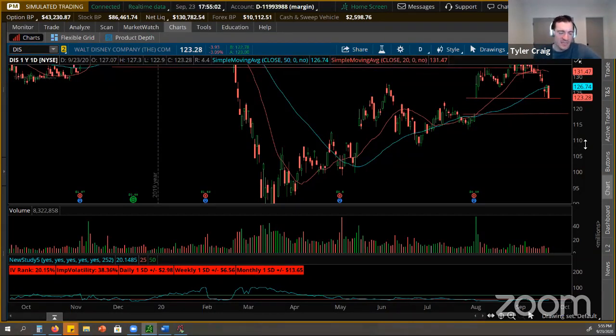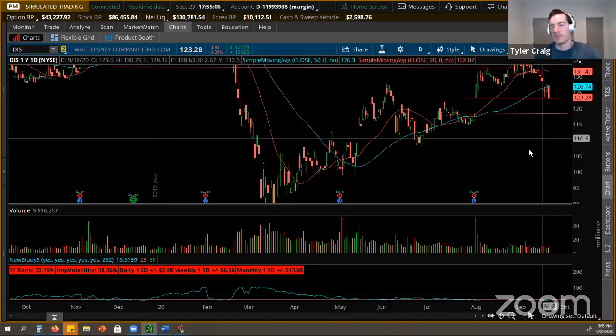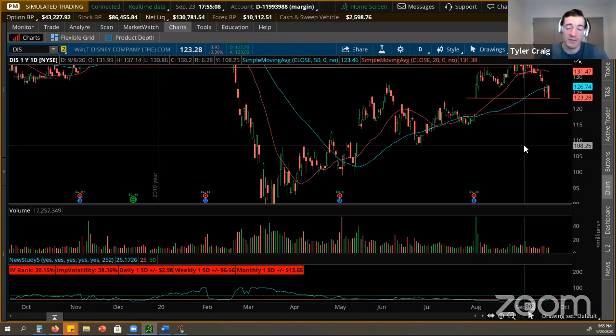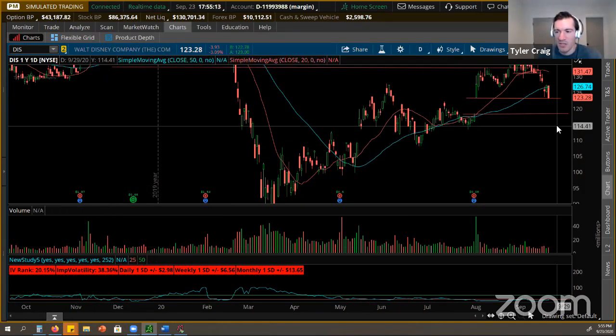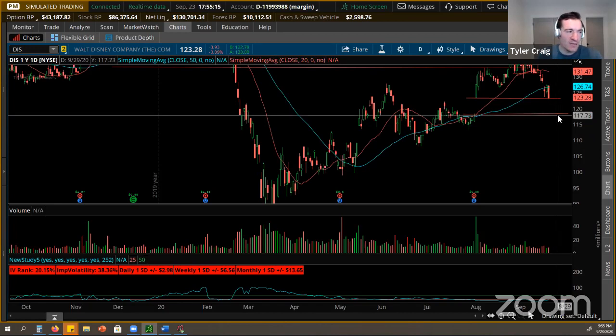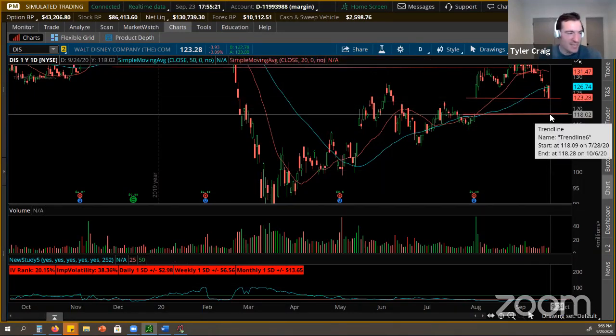They don't seem to think Disney's going to get crushed. There's certainly not a lot of demand for out of the money puts. So obviously, it's still legit. You can still do it, but this is like the opposite of Nikola. Nikola lets you go to zero and sell puts. Disney, not as much, right? Not as much.